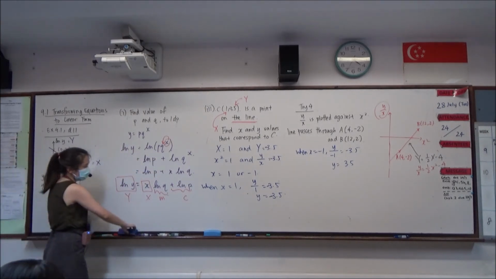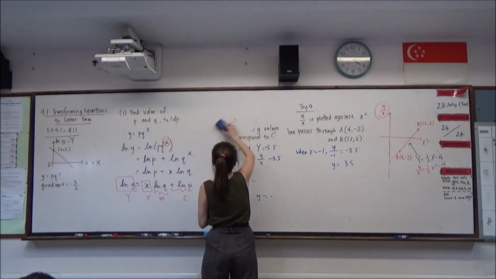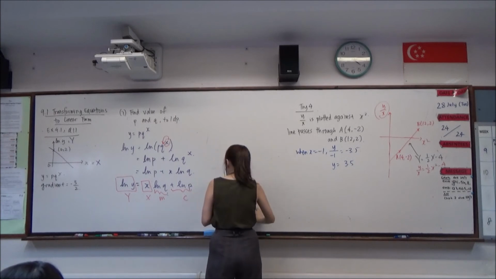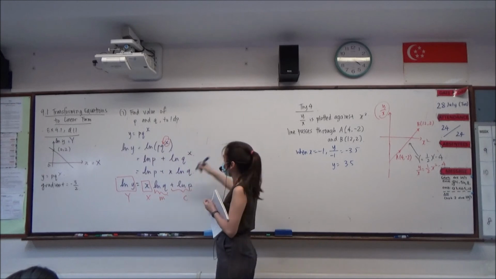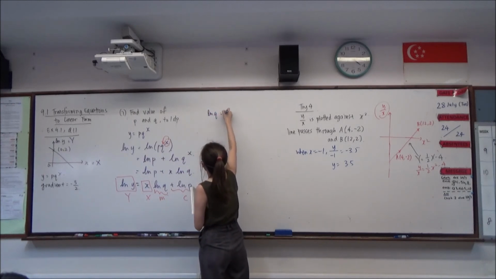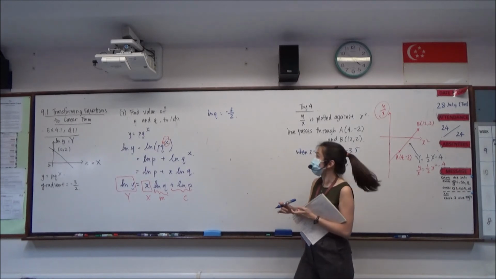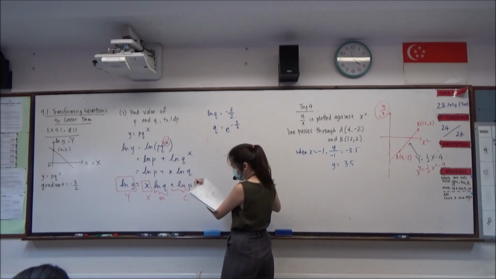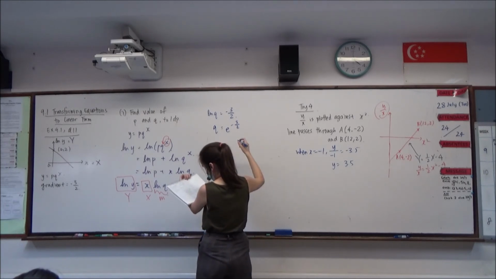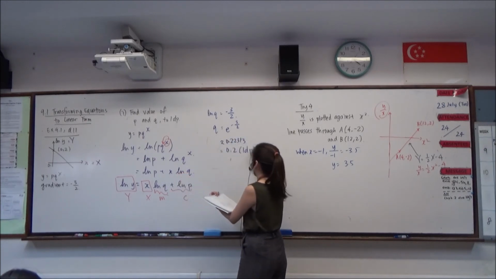Since the question already gave you the gradient and the intercept, the gradient is negative 3/2. So ln q is negative 3/2. Then we can find q, and that would be about 0.22313. To 1 dp, it is 0.2.